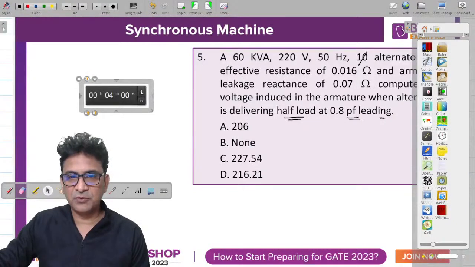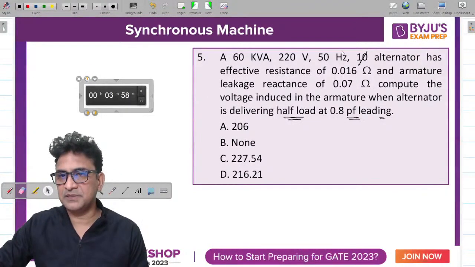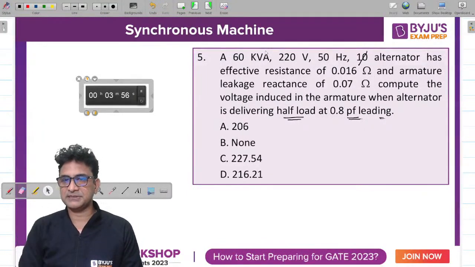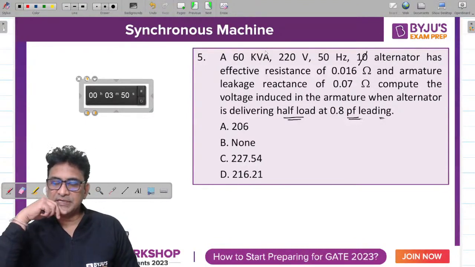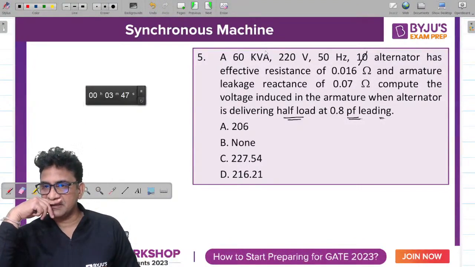Here the terminal voltage is given. 220 is the terminal voltage. The rating is always the terminal voltage. And you have to find out the induced EMF when half load is connected at 0.8 power factor leading.